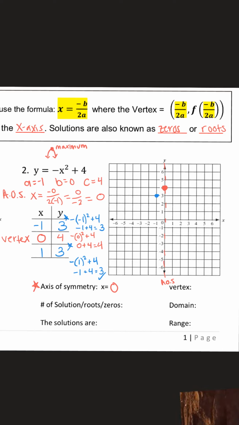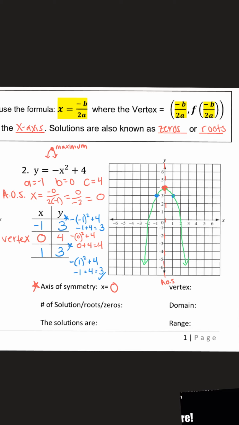And +1, 3, that's right here. All right, so then I'm going to go ahead and graph my parabola in a U shape, just like that. And then let's answer the rest of these questions.